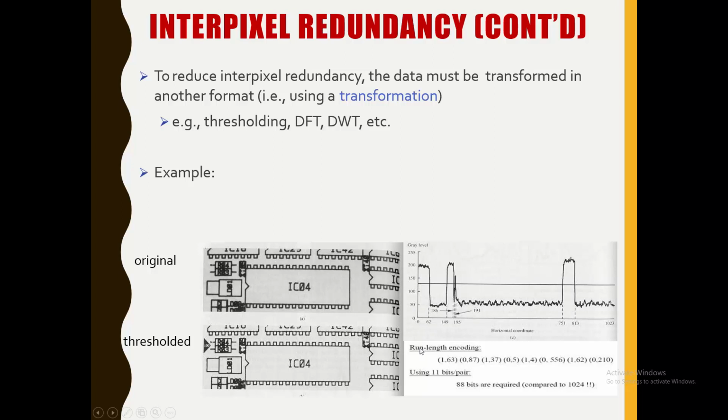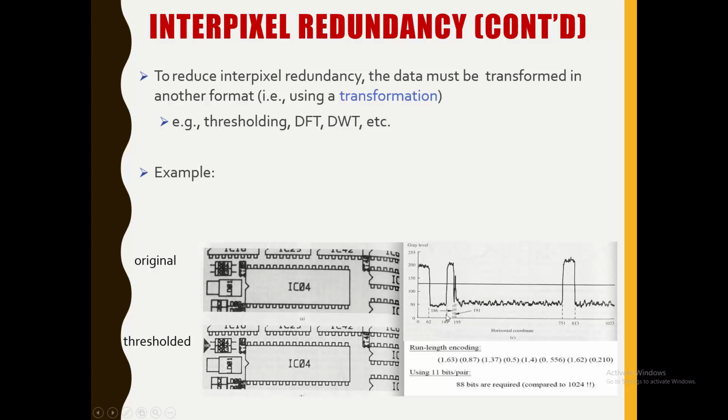So we write run-length encoding: 1 is the intensity value and 63 is the number of pixels up to which the intensity value is 1. We need 10 bits for 1024 and 1 bit for this one, so a total of 11 bits. Now if we move from here to here, from 63 to 149, the intensity value in the thresholded image is 0. So 0, comma 87, the difference between 63 and 149.